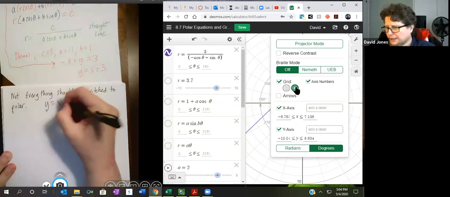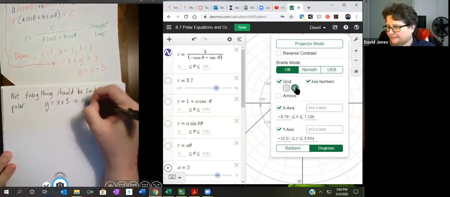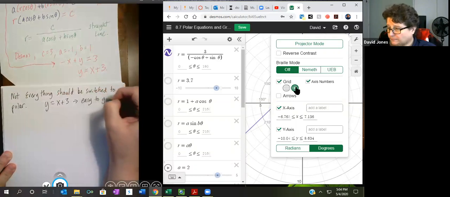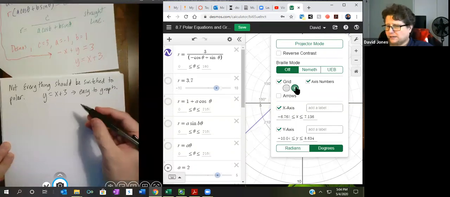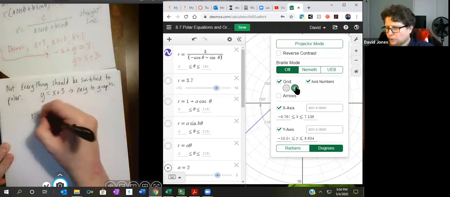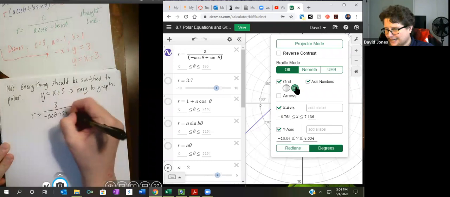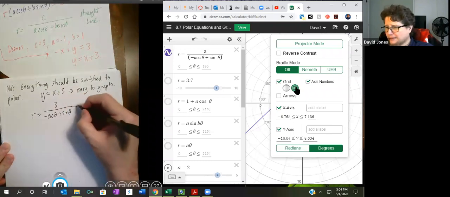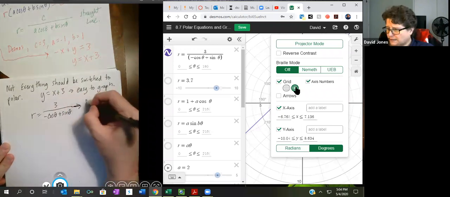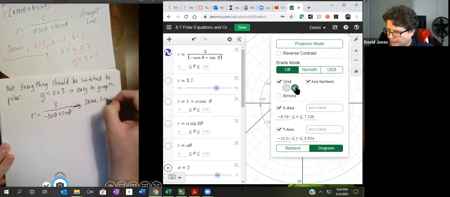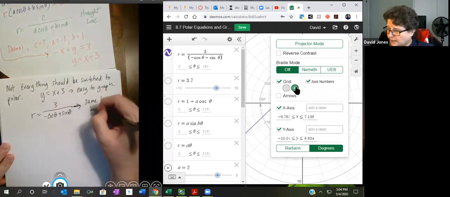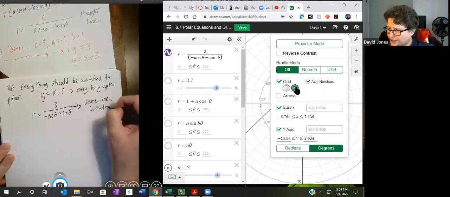Y equals x plus 3, easy to graph. R equals 3 over negative cosine theta plus sine theta, same line, but atrocious. And I haven't shown you the atrocious part, graphing these by hand.